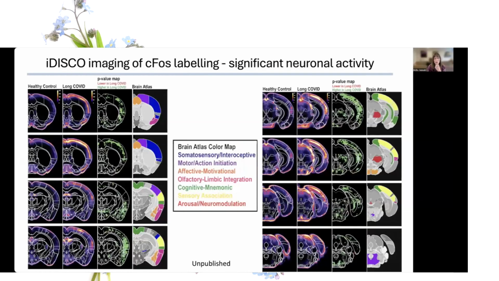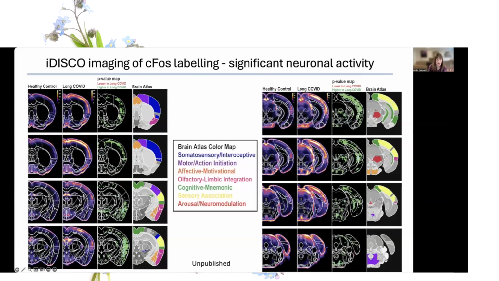This is just a snapshot of brain sections demonstrating cFos staining, which is the activity of neurons within this region. You see that the antibody from long COVID patients really induces activity of neurons within the somatosensory cortex, motor areas, as well as olfactory, limbic, cognitive, and many regions of the brain lighting up.